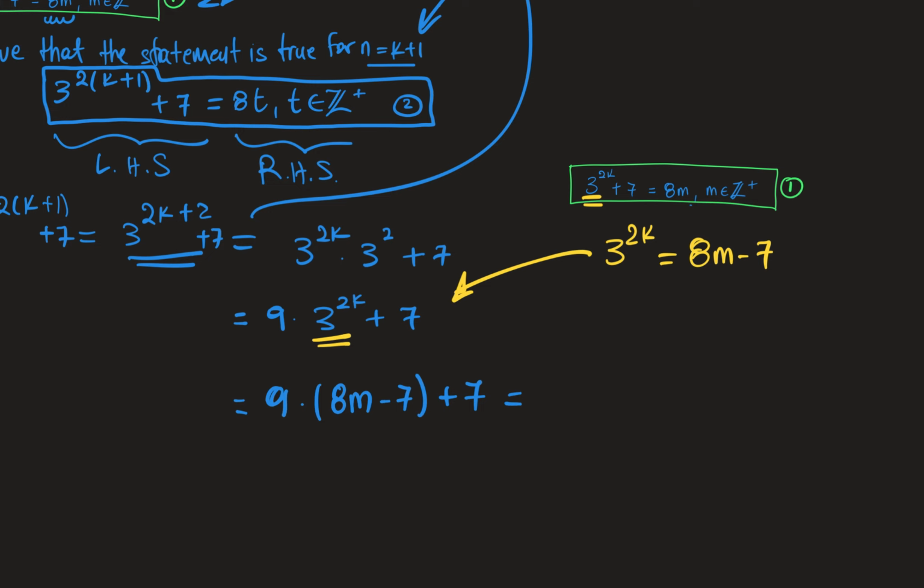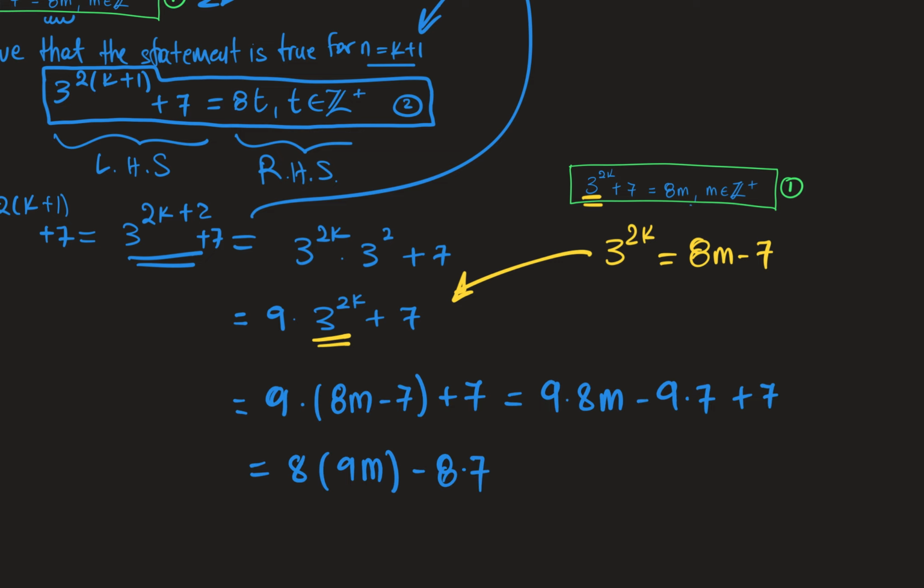9 times 8m minus 9 times 7 plus another 7. That would end up becoming 8 times 9m, and then minus 9 times 7 plus 1 times 7 is going to become minus 8 times 7.